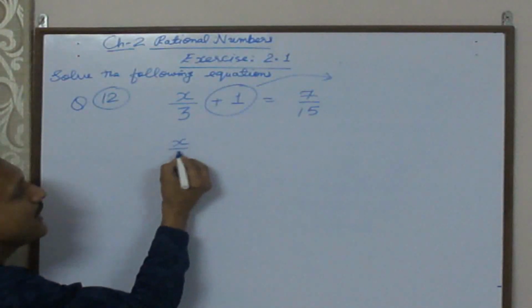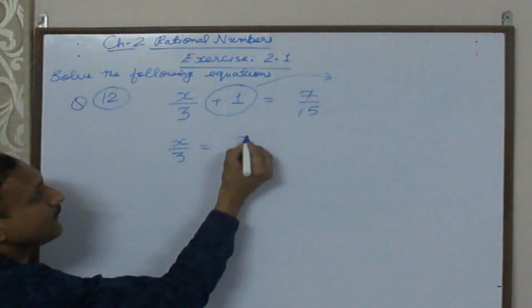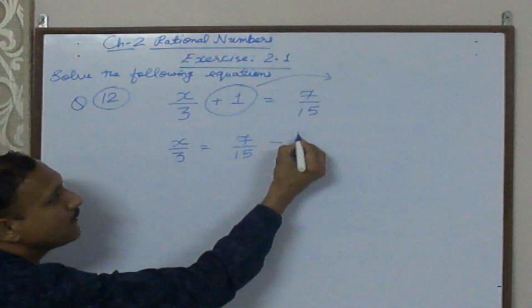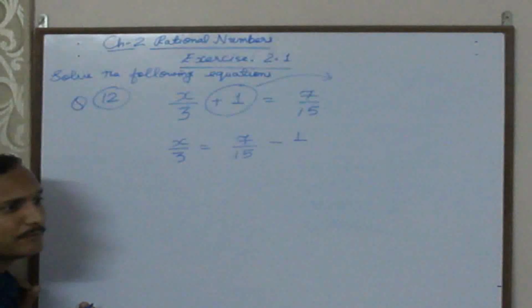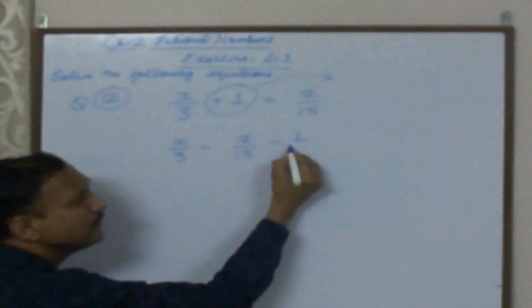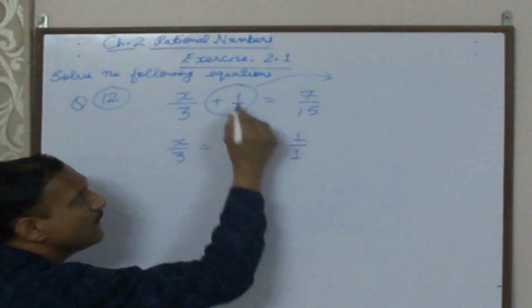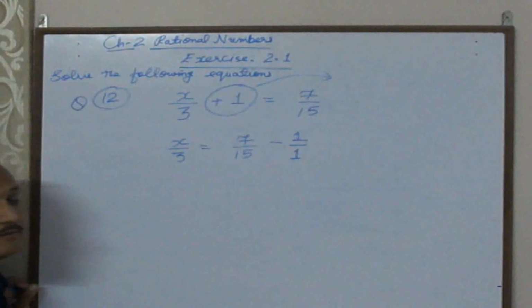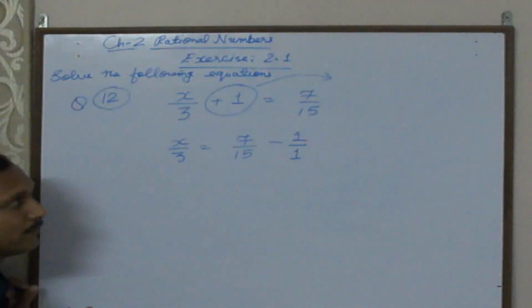So x by 3 equals 7 by 15 minus 1. We can't subtract it directly. We have to make the denominator the same. And if you are unable to see the denominator, there is 1 there. This 1 is 1 upon 1.